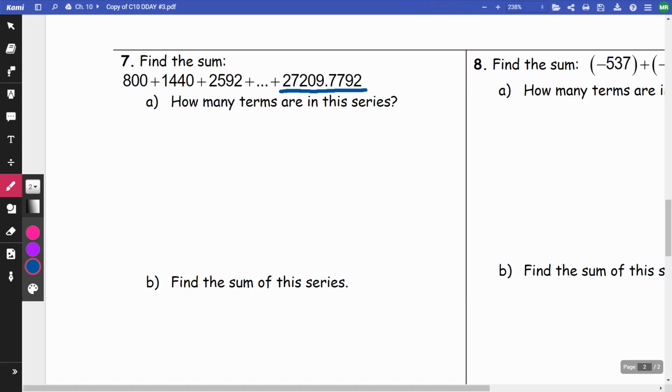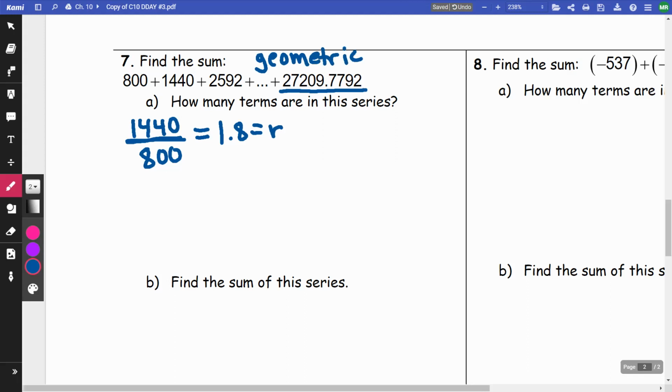So I'm going to take 1440, the second term, and divide it by my first term and see what I'm multiplying 800 by. And I end up with 1.8. So that's going to be my R. And again, this is going to be geometric.